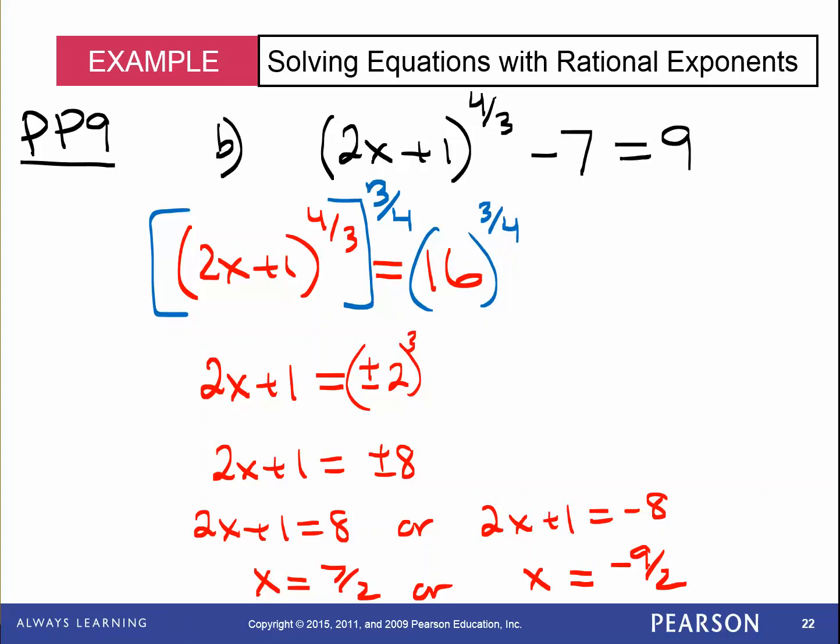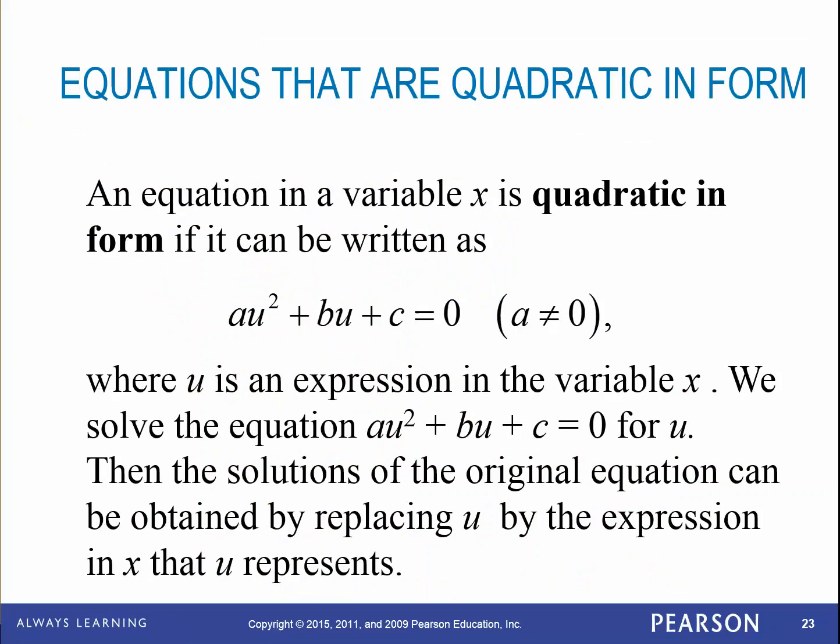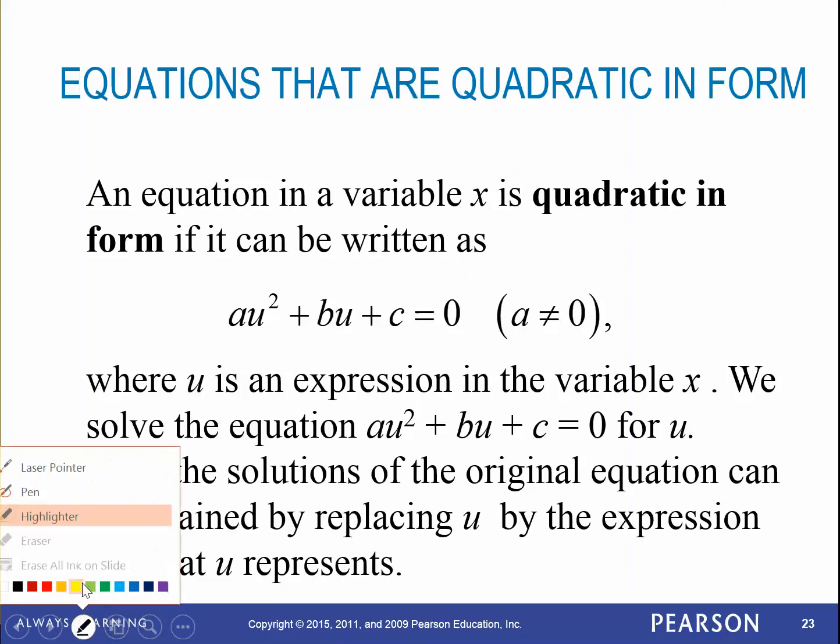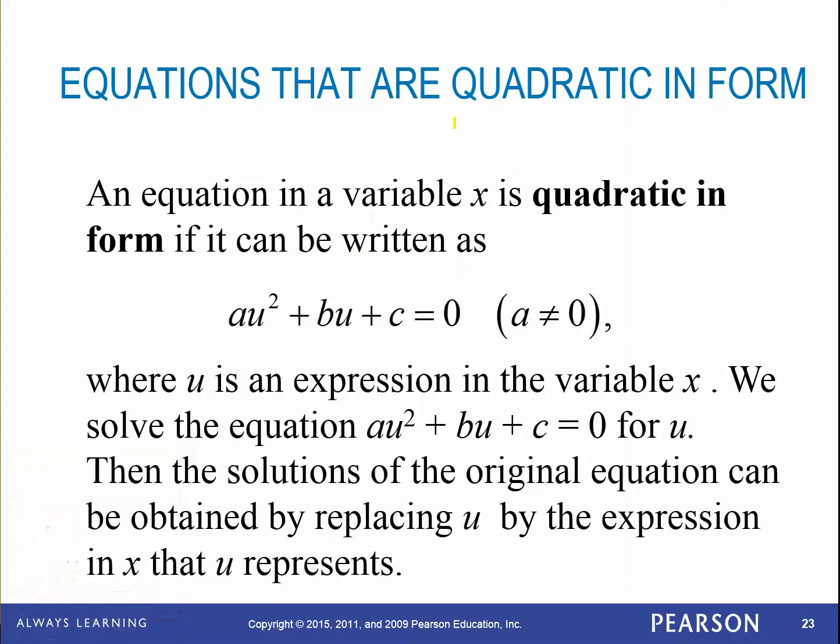Alright, one other set of stuff I think you've seen in Math 63. We call these quadratic in form. We call quadratic in form, which means it's in the form, just the exponents could be a little bit off.